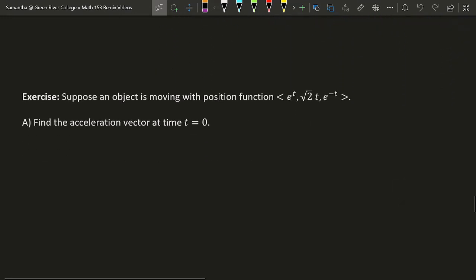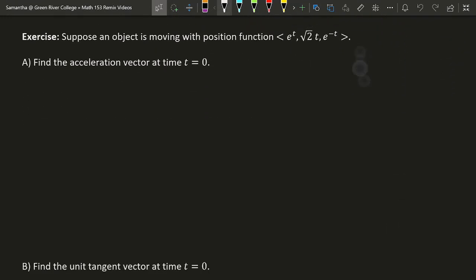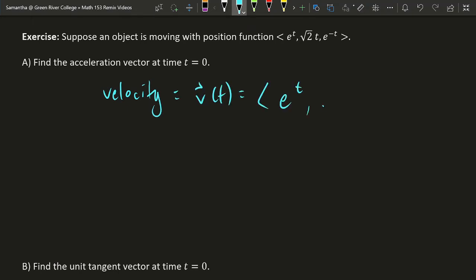To begin with, I'm going to find the acceleration vector at time 0. So finding velocity first, finding v as a function of time, we have e to the t, root 2, negative e to the minus t. And then I can find the acceleration by taking the second derivative.